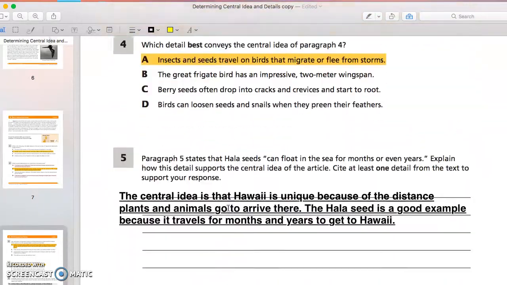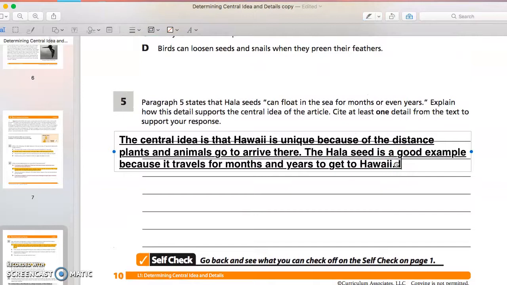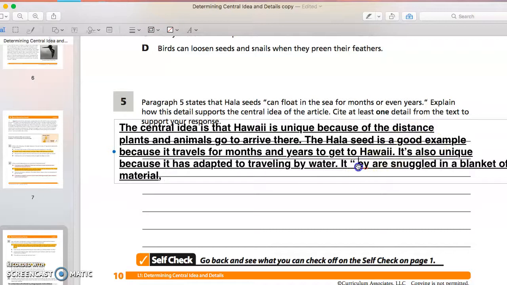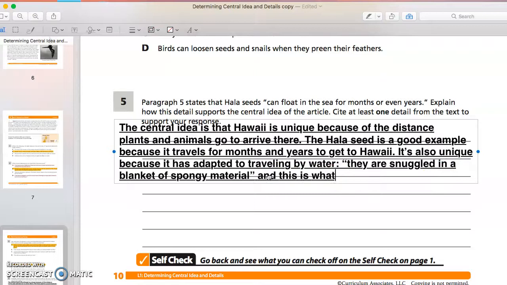So you can say it's also unique. It's also unique because it has adapted to traveling by water. And then here's where you have your quote. They are snuggled in a blanket of material. Right? Spongy material. And this is what helps them survive in the ocean, right?